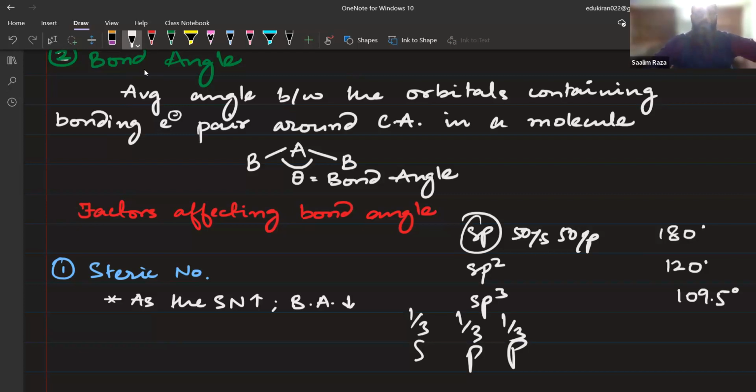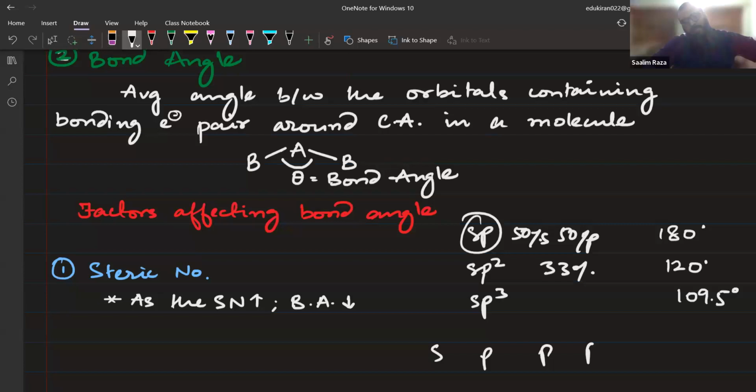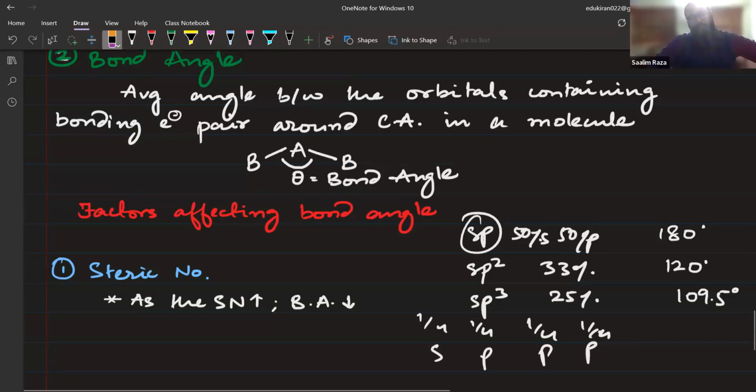I am only focusing on the s subshell here. So the s subshell in sp2 hybridization has only 33% contribution. When I talk about sp3, we have s, p, p, and p. So 1/4, 1/4, 1/4, and 1/4. In terms of percentage, this is 25% contribution of the s orbital. Is that clear? Is everything clear till here?